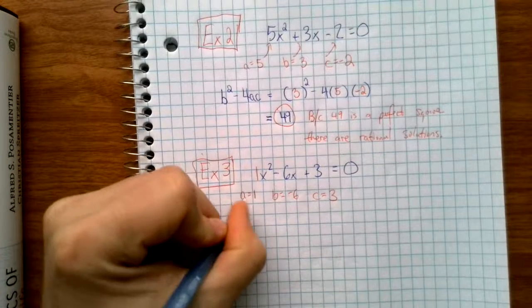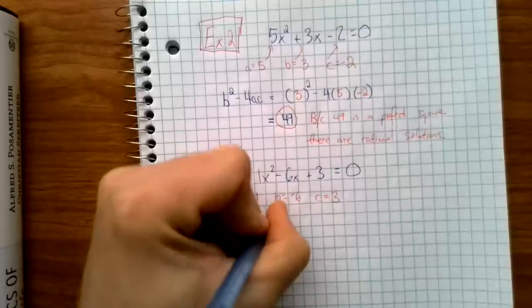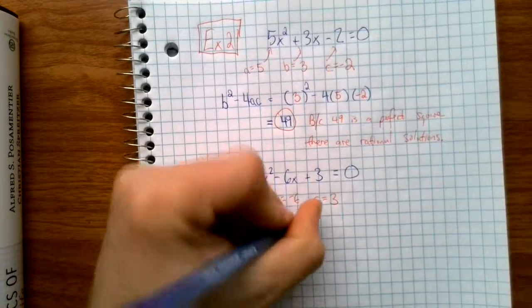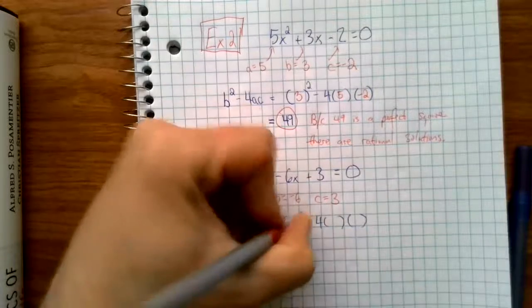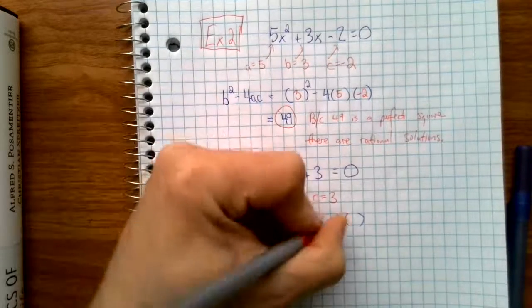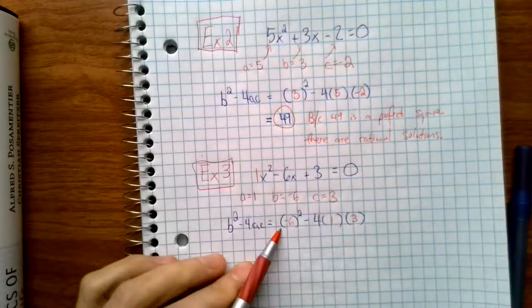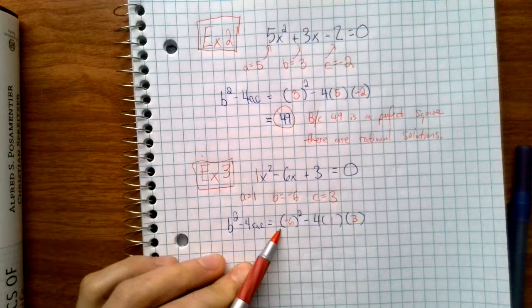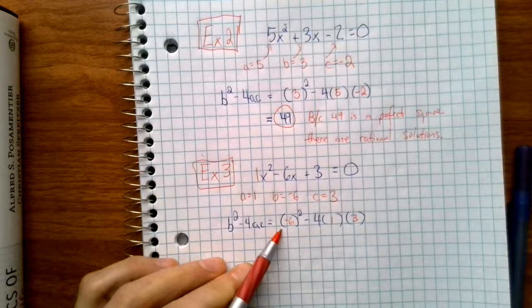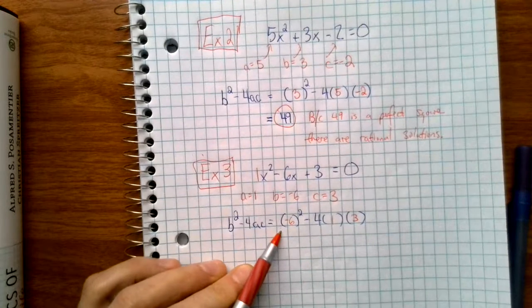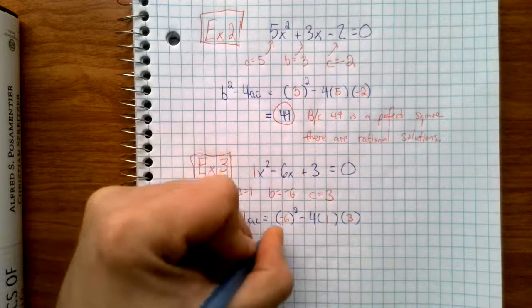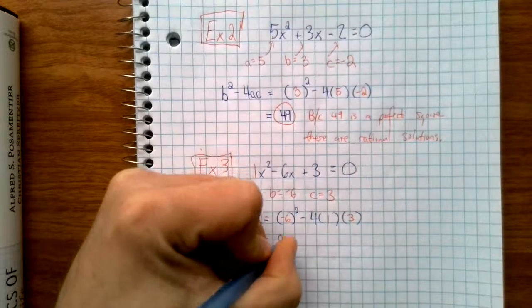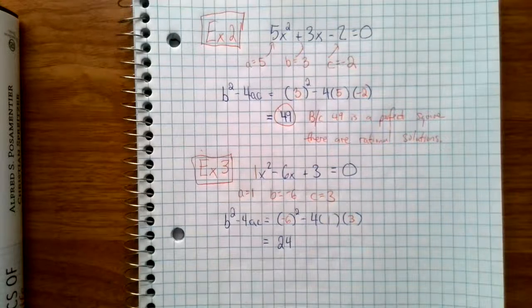So we're going to substitute that information into the discriminant. And this is one of those situations where we totally need the parentheses here. So once again, just having that good habit of always putting them there, and then they're there when you need them. So after we evaluate that, we get 24.